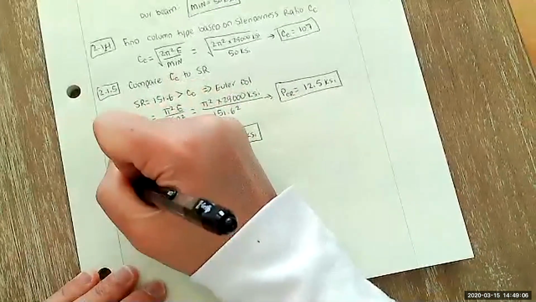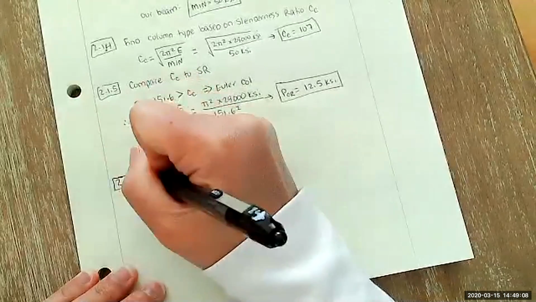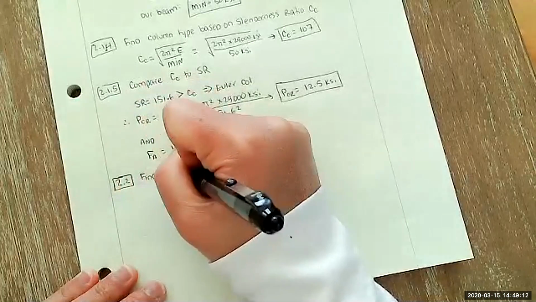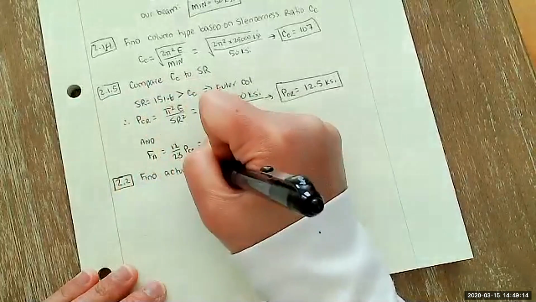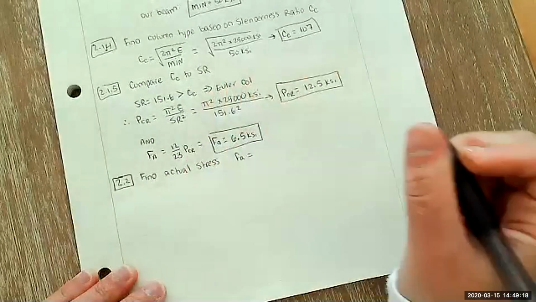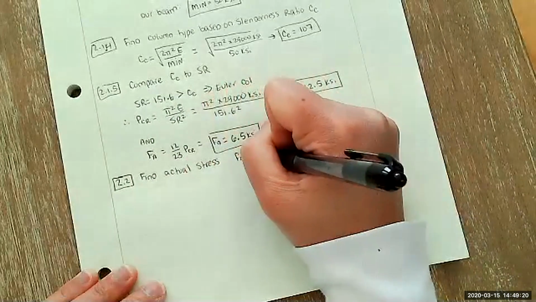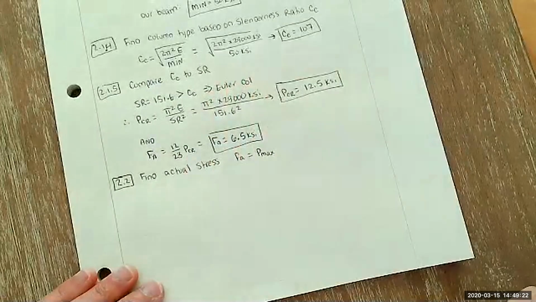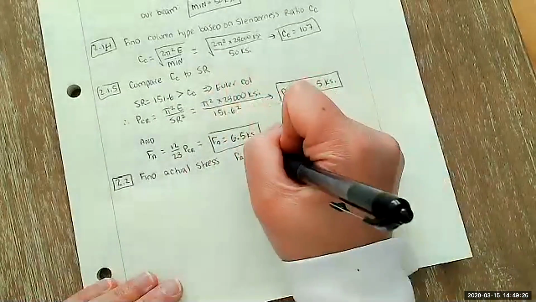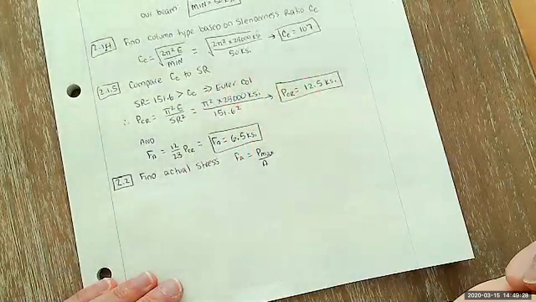So step 2.2 is to find our actual stress. Little f sub A is equal to our maximum actual compressive load, P max, divided by our area.